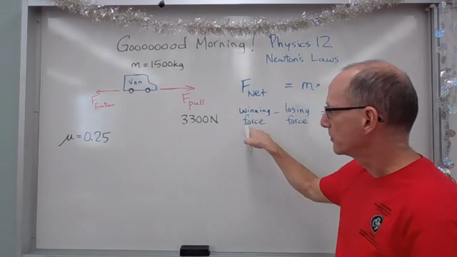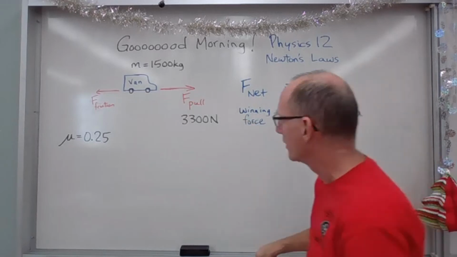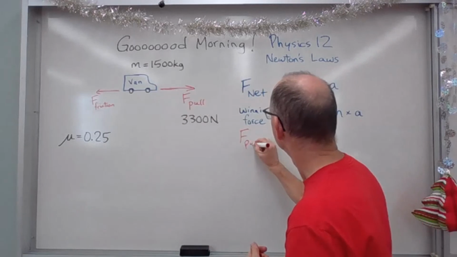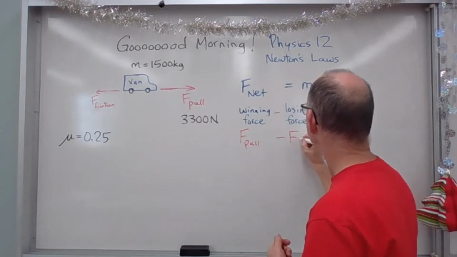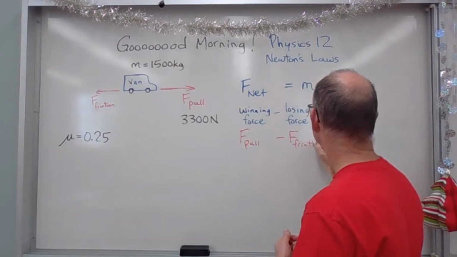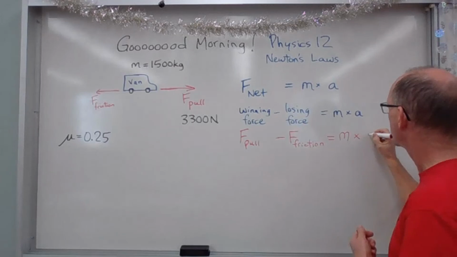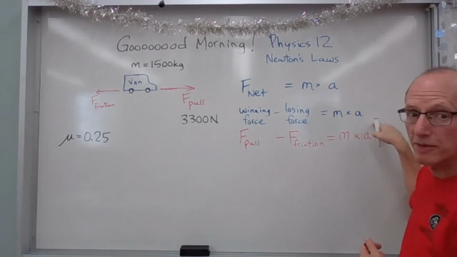The winning force, we said, is the pulling force, F pull. So we've got F pull minus force of friction is equal to mass of the van times its acceleration. And we're trying to find that acceleration here.